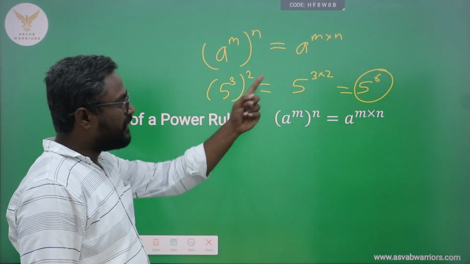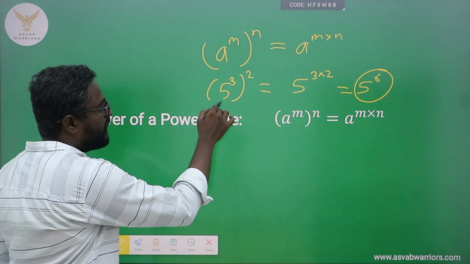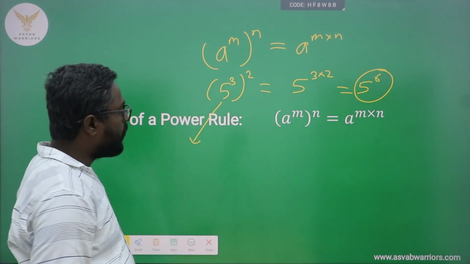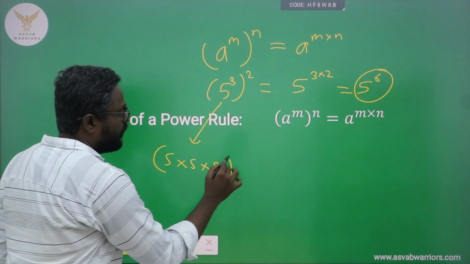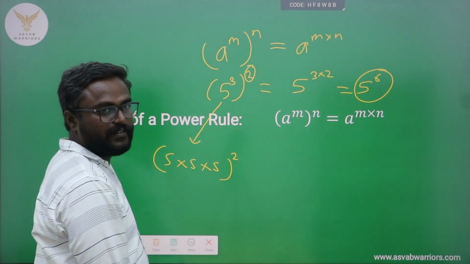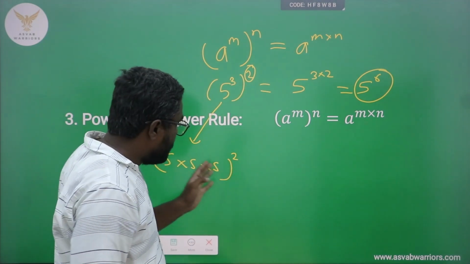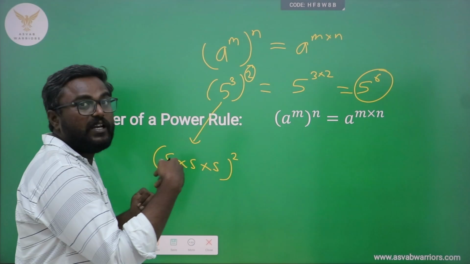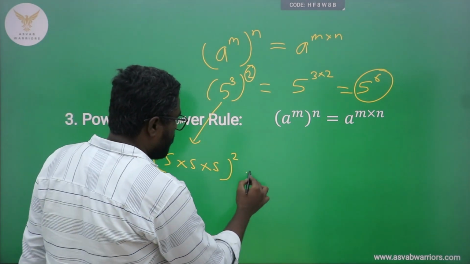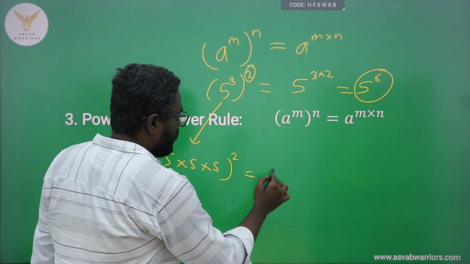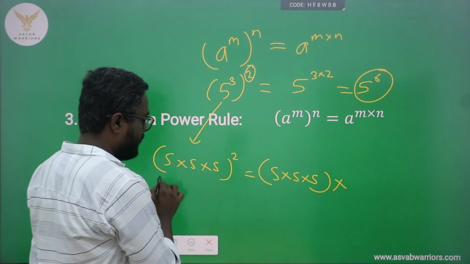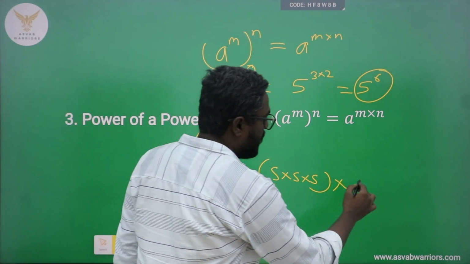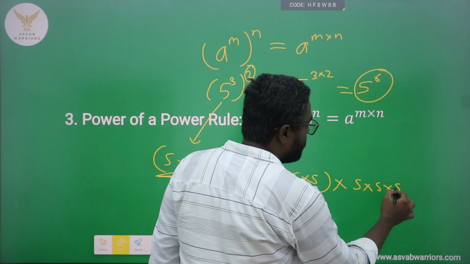How did I get to this conclusion? I'll just try to explain it to you guys. 5 to the power 3 is what? 5 times 5 times 5, to the power 2 as it is. Now what does this power 2 mean? This particular base is multiplied with itself 2 times. So what will I do now? 5 times 5 times 5, multiply this one time, I'm going to multiply it a second time. 5 times 5 times 5.